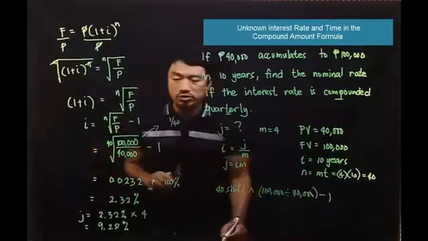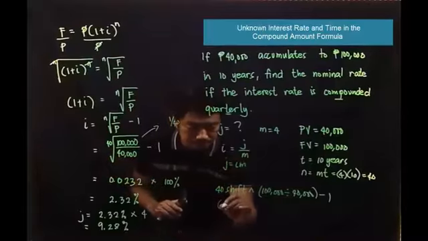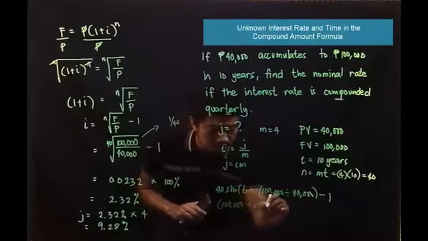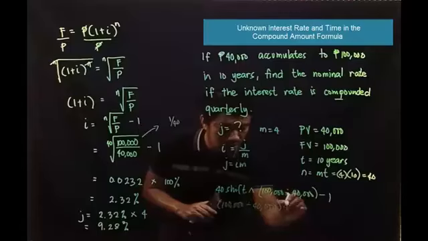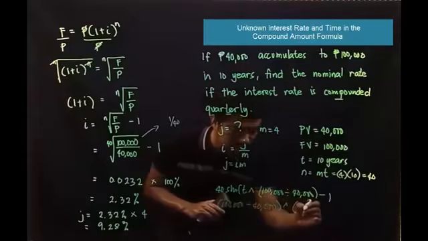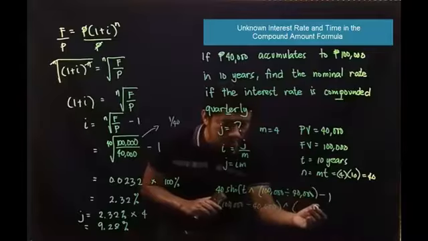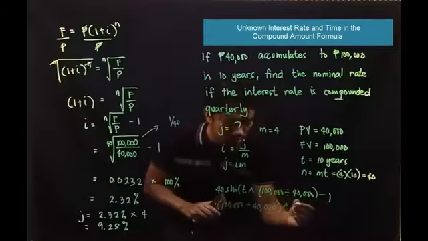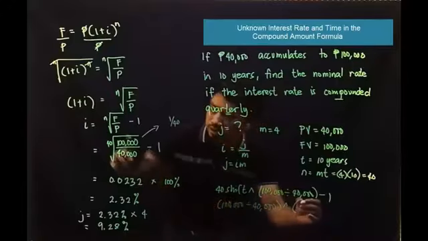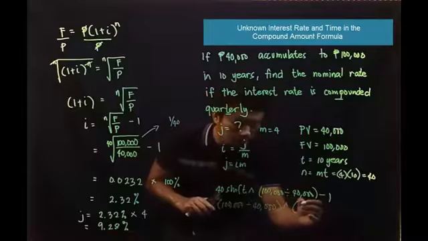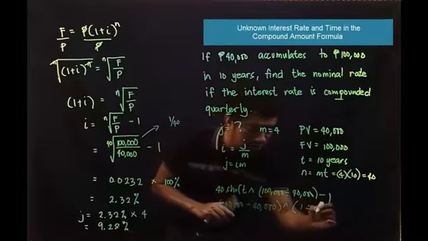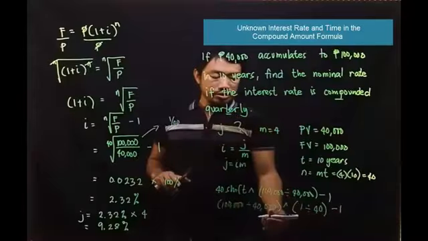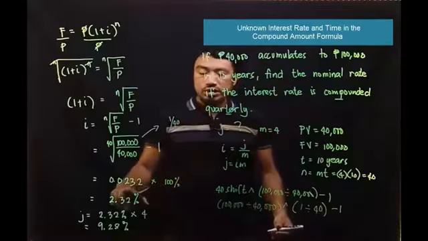So on your smartphone, you can enter 100,000 divided by 40,000 raised to the exponentiation. Usually that's y raised to x or x raised to y on the calculator of your smartphone. And then the radical part, index of 40, is 1 divided by 40. And then we subtract 1. Your calculator on the smartphone will give you this value.